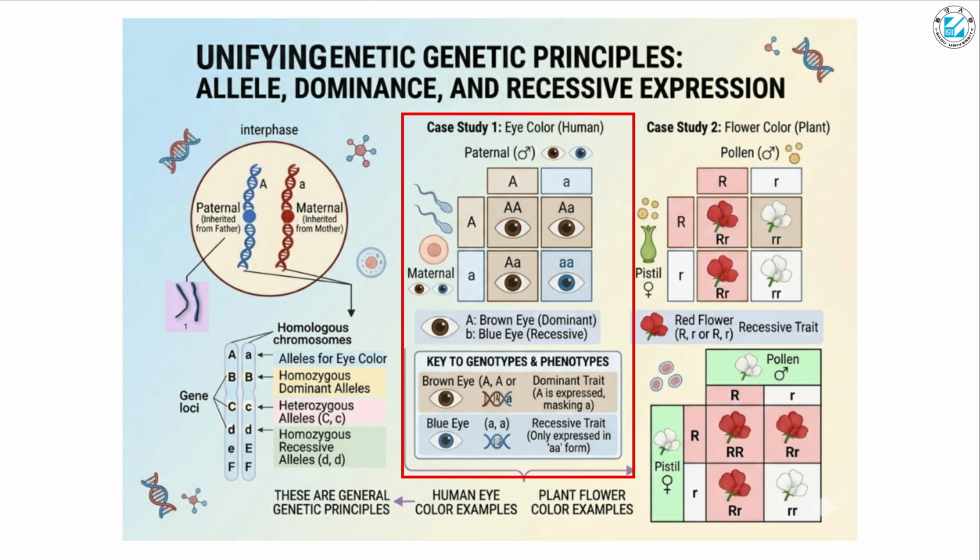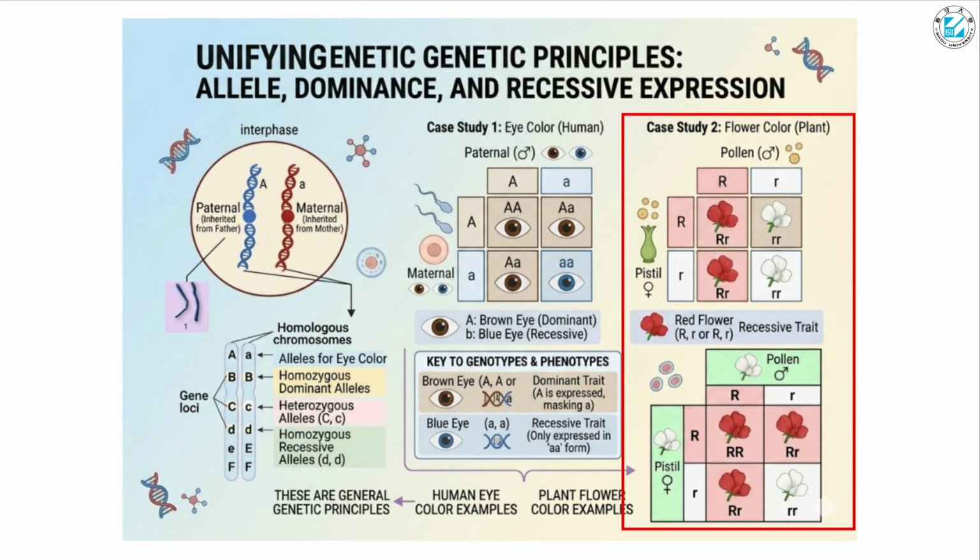Brown eyes is large A, large A, or large A, small a, but also 1/4 is the blue eyes, small a and small a.